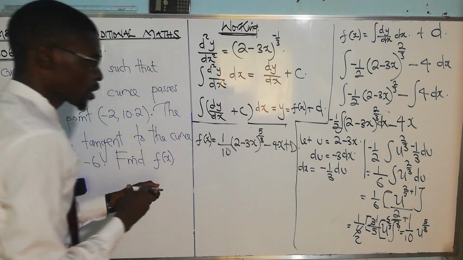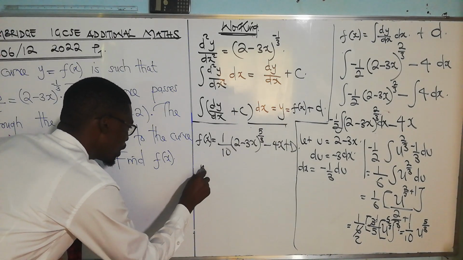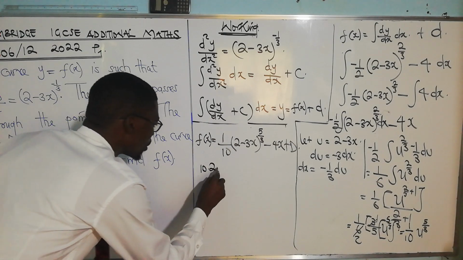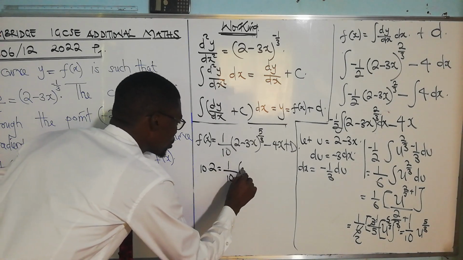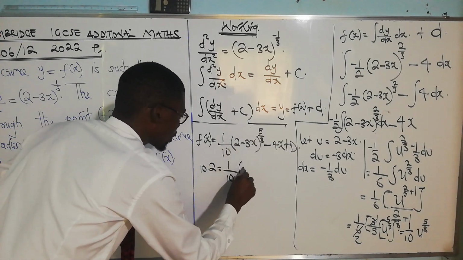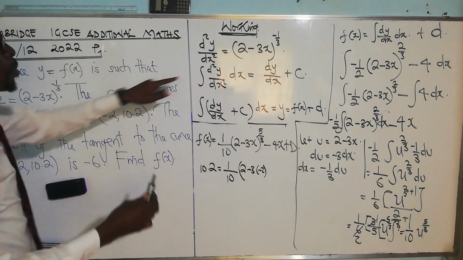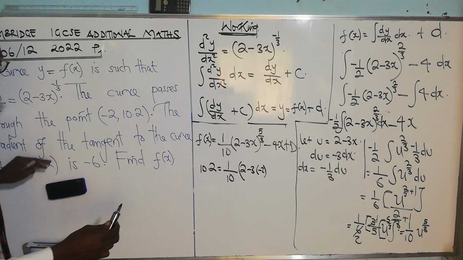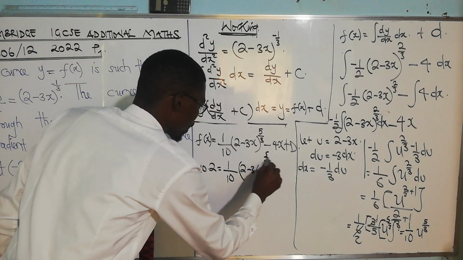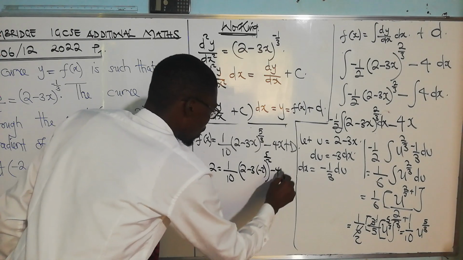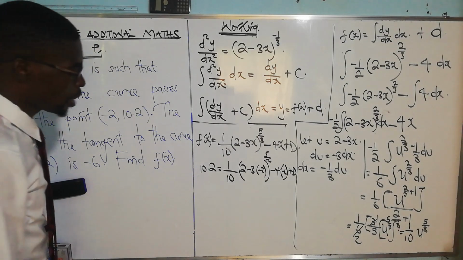Then we'll be able to solve for d. So in this case, f of x is 10.2, being equal to 1 over 10, 2 minus 3 times negative 2, because x is negative 2 at this point, everything to the power 5 over 3, minus 4 times negative 2, then plus d. So we want to solve for d.